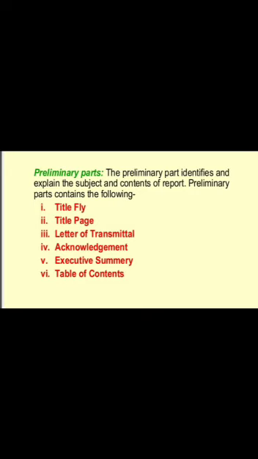Executive summary indicates the total information about that particular project. Table of contents, you all know, clearly explains the particulars, pages, items, and any graphs or any other charts. All this information we can find in the table of contents.